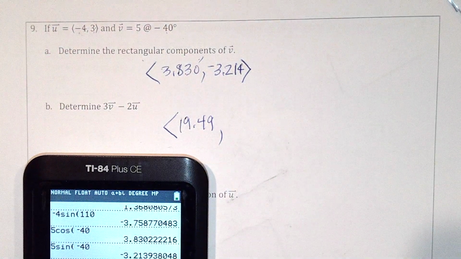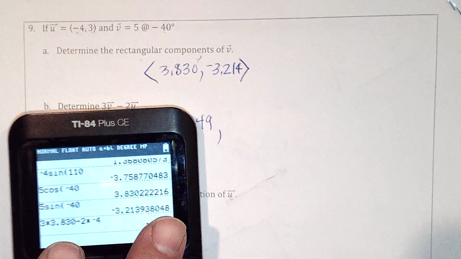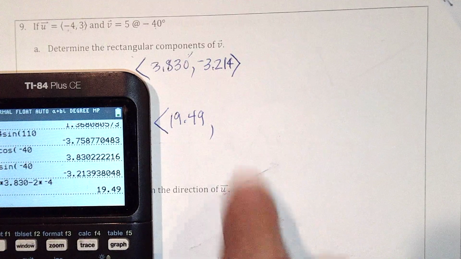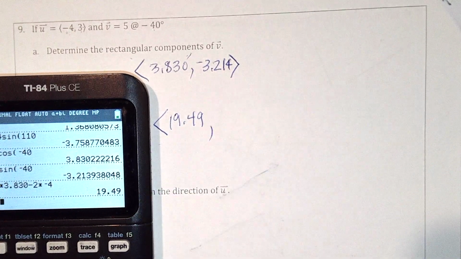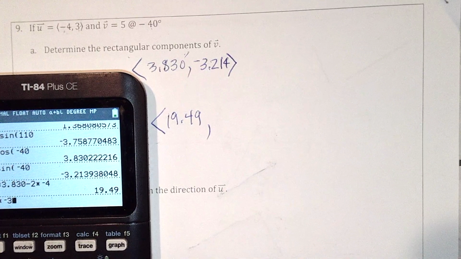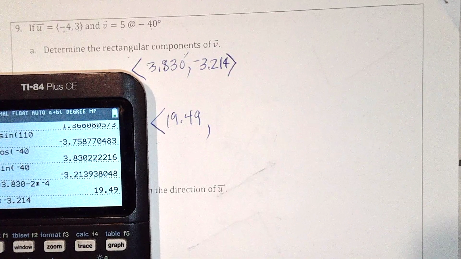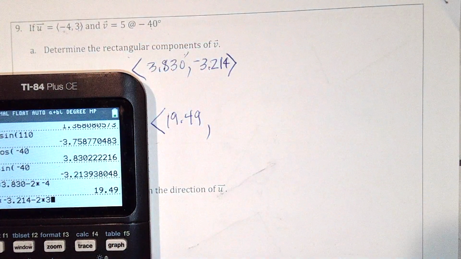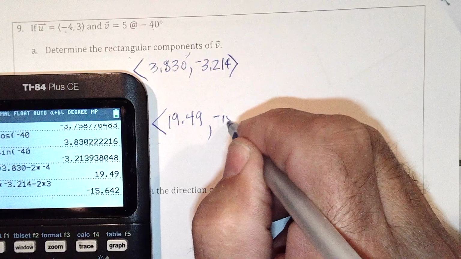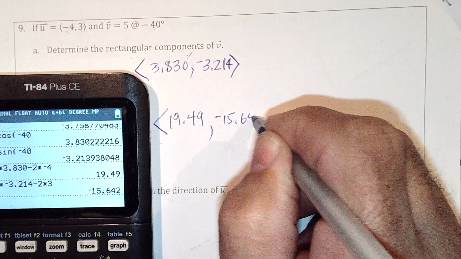And the new y component would be 3 times negative 3.214 minus 2 times 3, and I get negative 15.642.